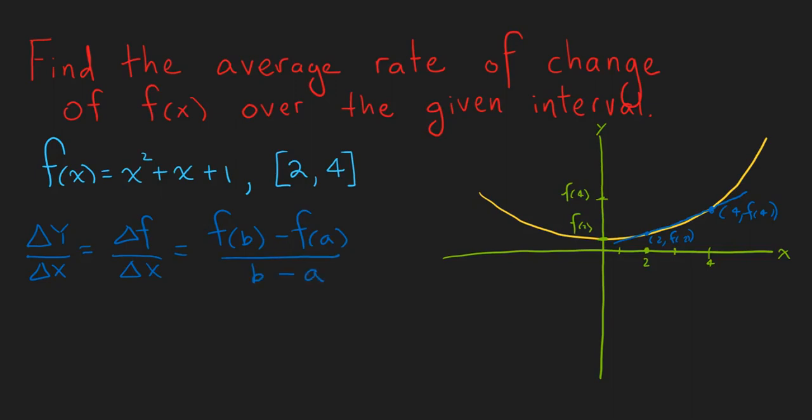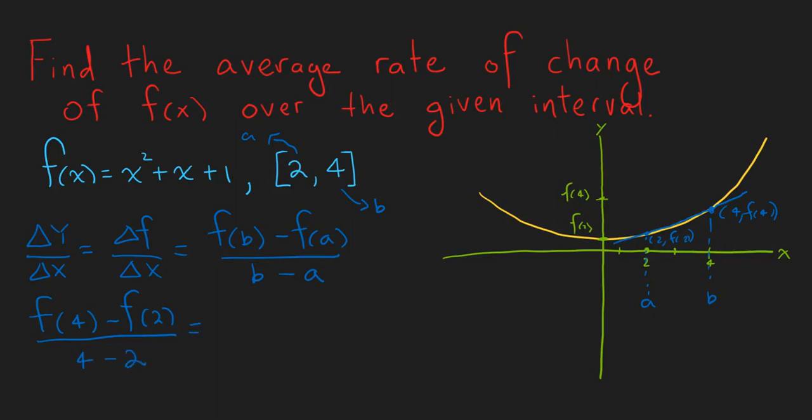Well, our 4 is our b, because that's the last point in our interval. And our 2 is our a, that is the beginning point of our interval. So this will be f of 4 minus f of 2, and then all over b minus a, which is 4 minus 2.